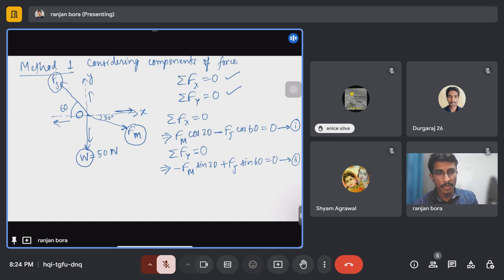These two equations you can understand, right? Anyone has doubt in these two equations? Oh, sorry, there will be minus W also here, because I forgot to consider this W. Along the y direction there is W.